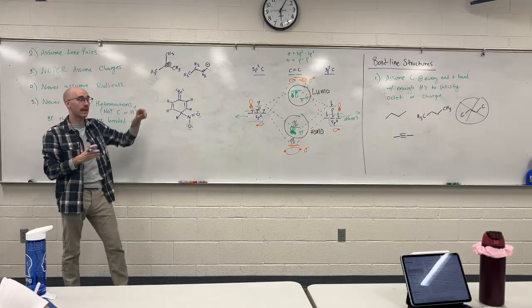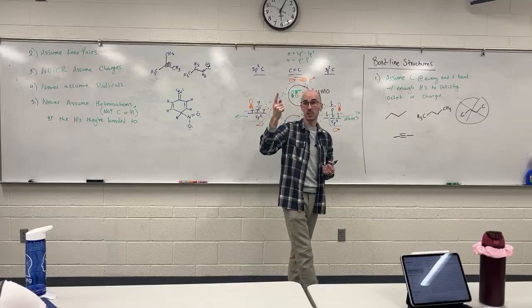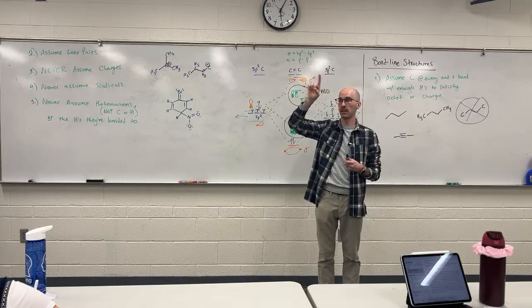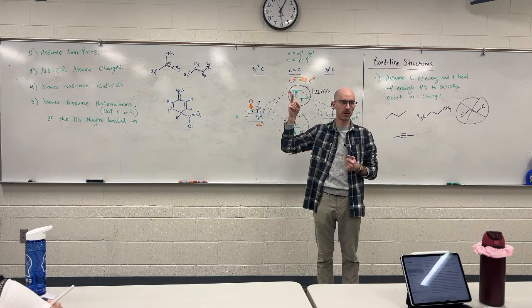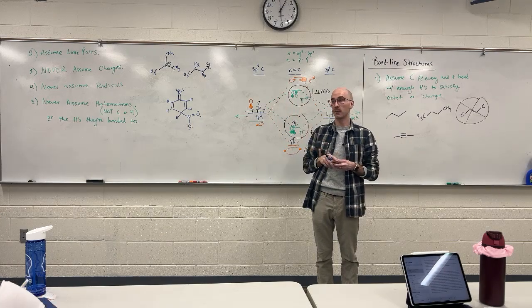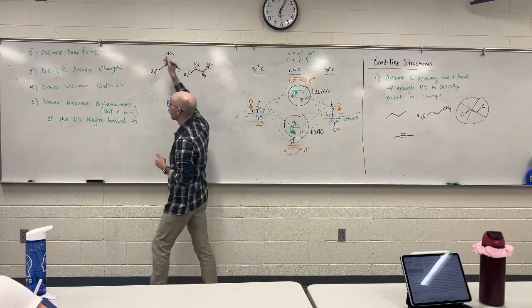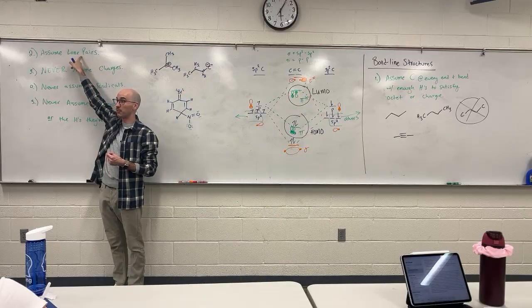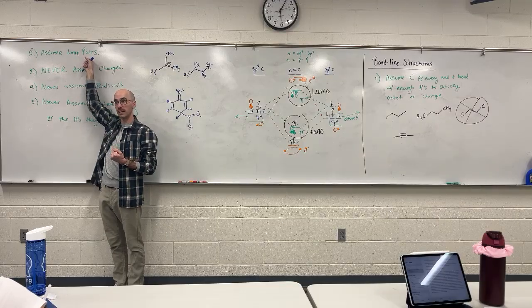Now on the end, I've got a carbon with 1 bond explicitly shown in the backbone and a -1 formal charge. What does that indicate to us about the carbon? It indicates a lone pair. Every time carbon has a negative charge, it has a lone pair. Now that lone pair was not shown, but because the formal charge was, you were able to deduce that it has a lone pair.